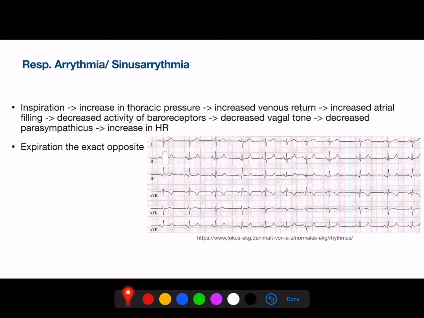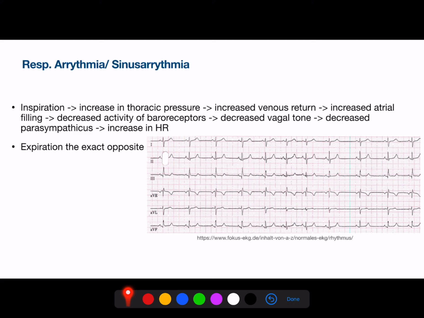Another arrhythmia that you have to know, and you will see it mostly in young patients, more pronounced, is called respiratory arrhythmia or sinus arrhythmia. This is due to the difference in intrathoracic pressure, which is explained here. During inspiration, there's an increase in thoracic pressure.